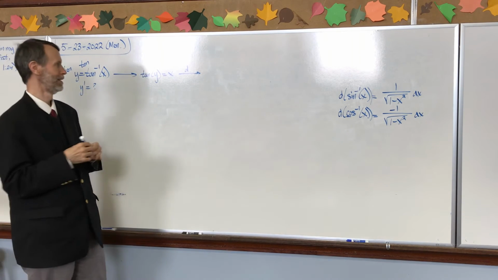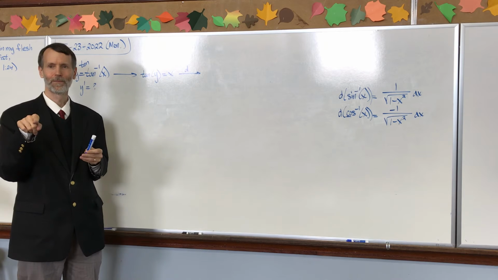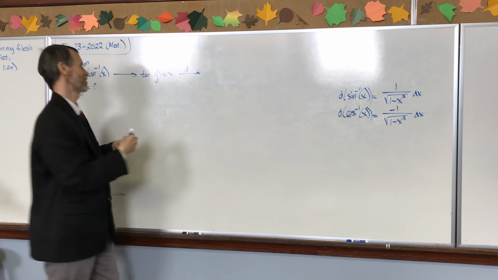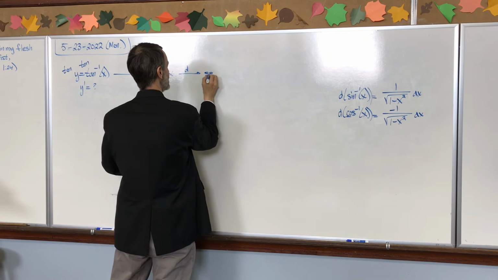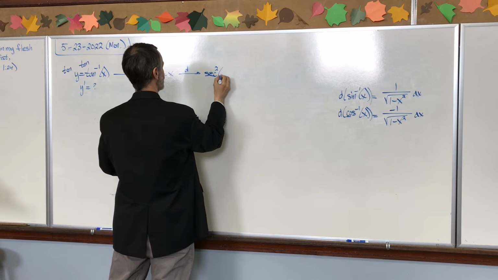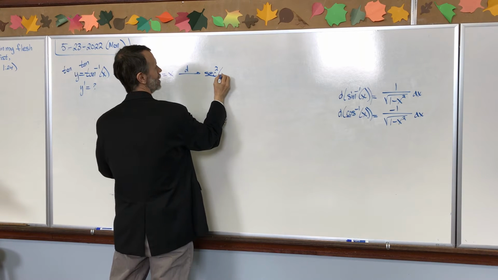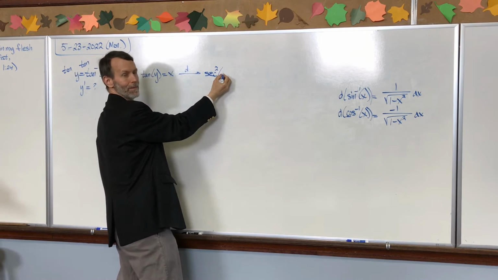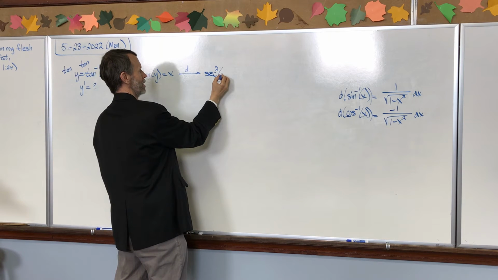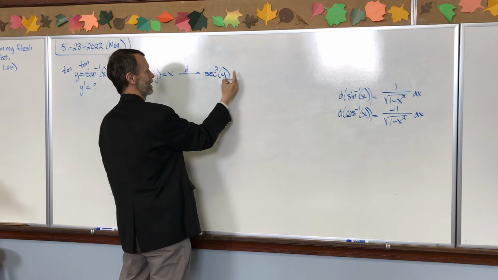Something squared. Secant squared. Nice. Secant squared of what? Secant squared of y. And then at the end?